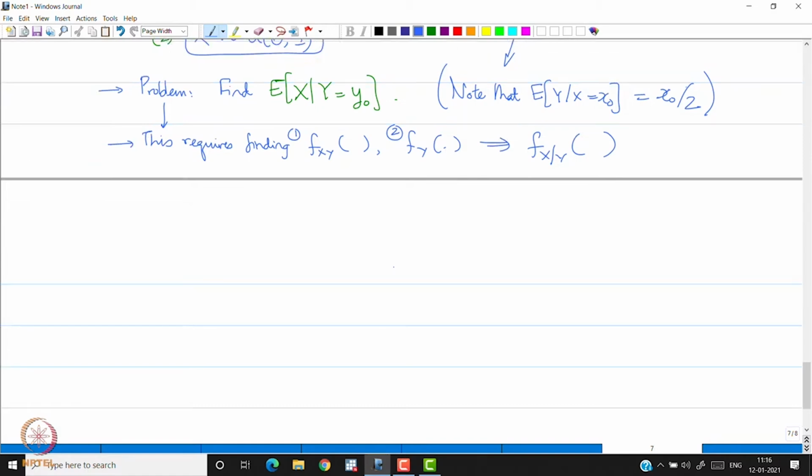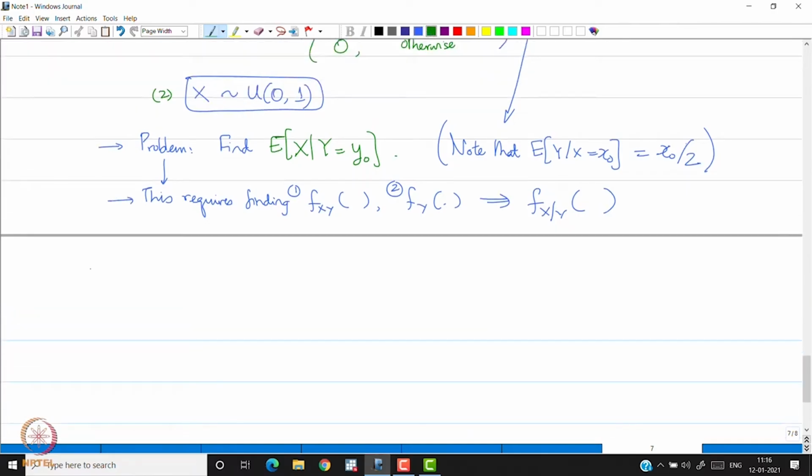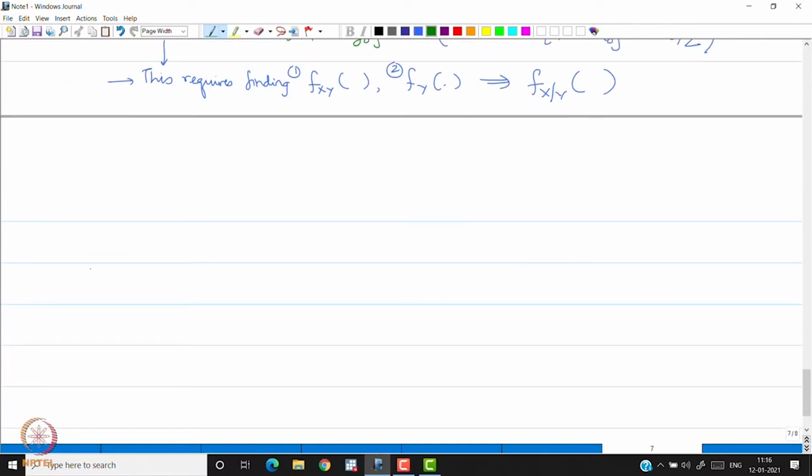Okay, so now let us start with f_XY. What is the joint PDF of X and Y? So let me be more clear about it.